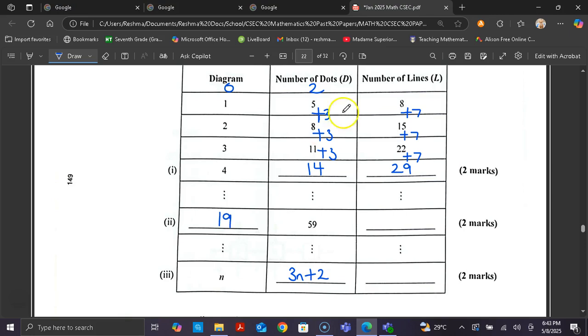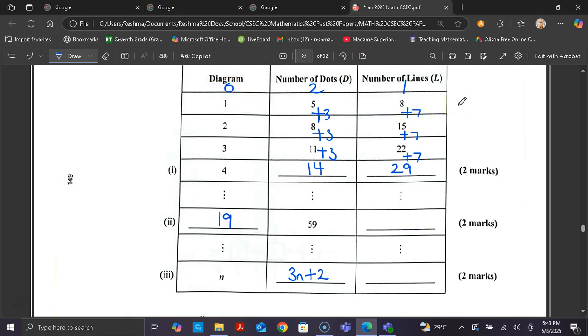So let's do the same thing for the number of lines. So in this case, if we were to plot these pairs of values, 1, 8, 2, 15, 3, 22, 4, 29, then the gradient of that line would be 7. So let's figure out the y-intercept. So if I go backwards, 8 take away 7 would give me 1, right, for diagram 0.